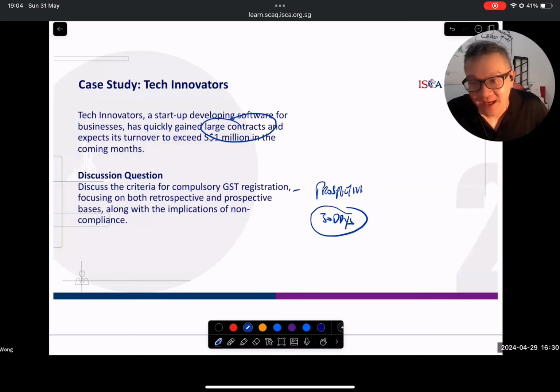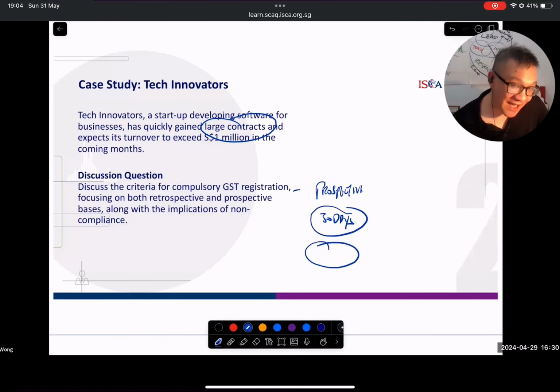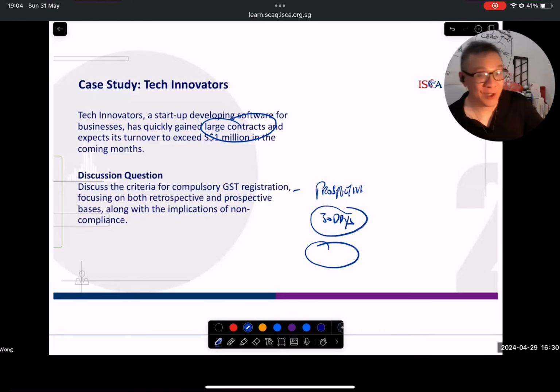And then you will be registered under GST, and from that point onwards, from the effective date of the GST registration, you will be required to account for 9% or 0%, depending on whether the standard rate or zero rate is applied on your supplies from your business.